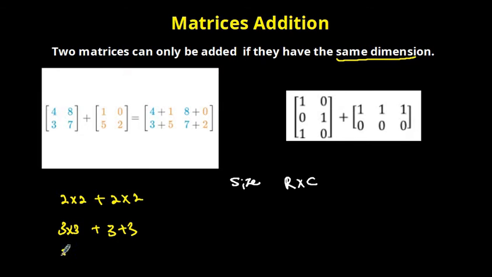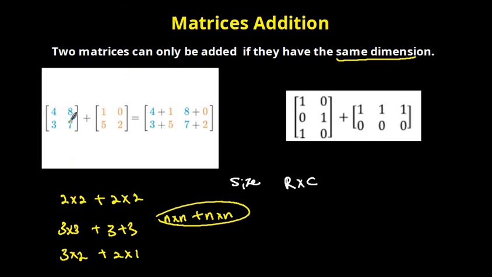You cannot add a 3 by 2 to a 2 by 1. So it has to be n times n plus n times n. I use n to represent any number of columns and rows.